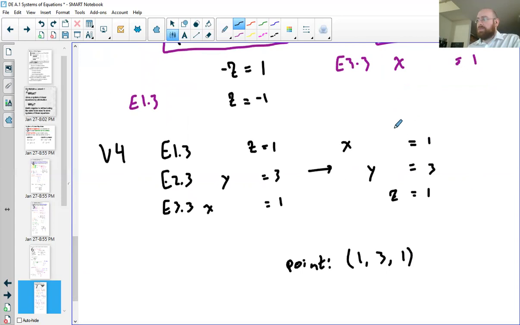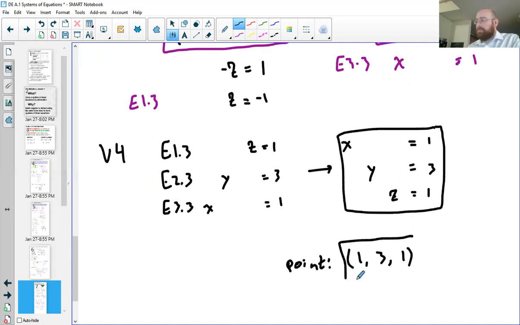Either way you want to express your solution, either as a variable list or as a coordinate point, is correct. Just make sure, if you write it as a coordinate point, that you put the numbers in the correct order. If you put like 311 or 113, that would be incorrect, because this implies x is 1, y is 3, and z is 1.